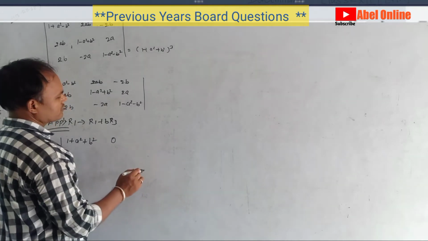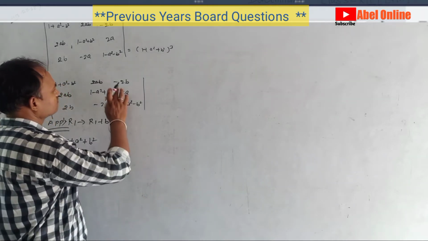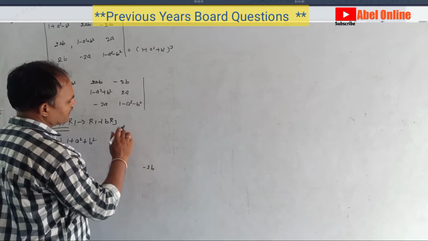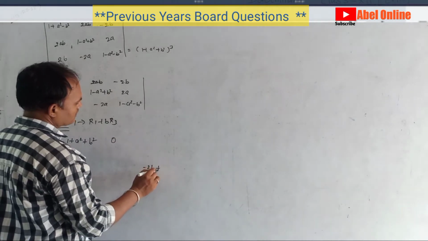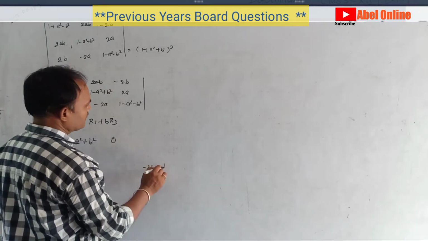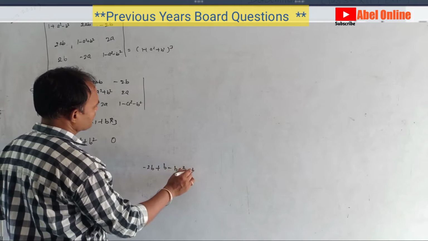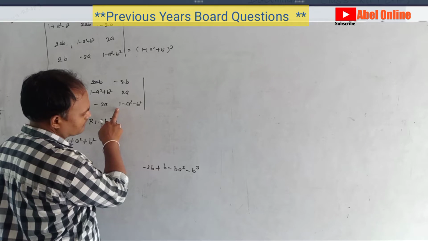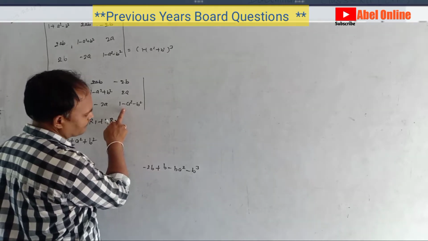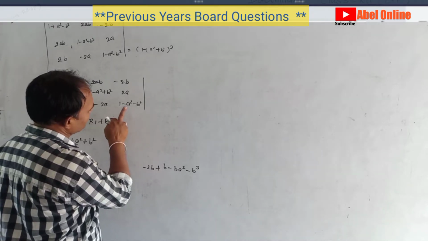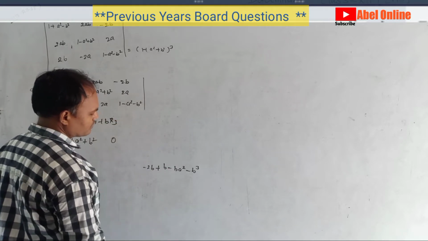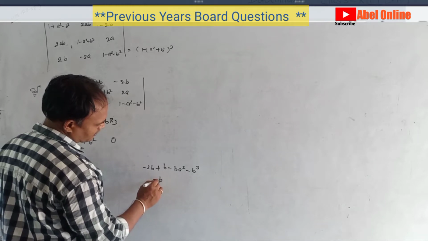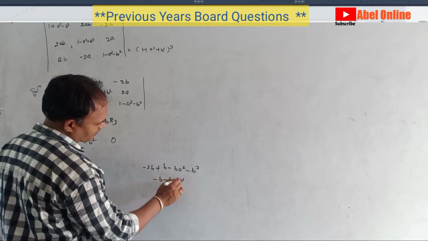What about here? It is minus 2b, and adding b times the last entry gives minus 2b plus b minus b a square minus b cube, which is minus b a square minus b cube.